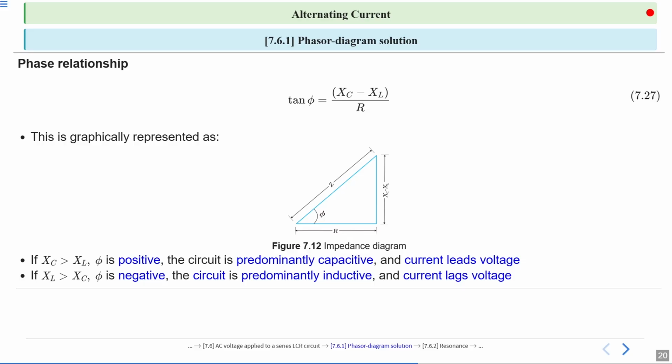In a purely inductive circuit, current lags the voltage by pi by 2. But in this LCR circuit it will not lag by pi by 2, because the capacitor component is also there, which reduces the angle. So current lags behind the voltage, but by less than pi by 2.